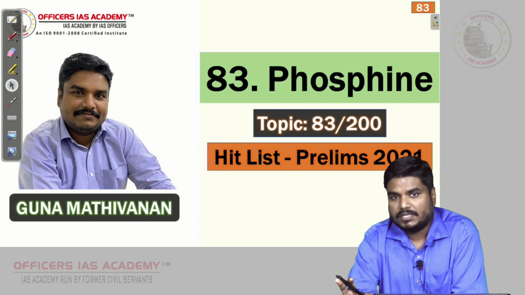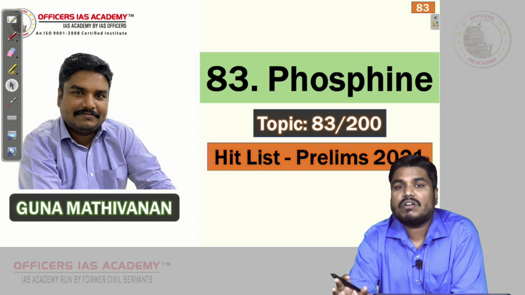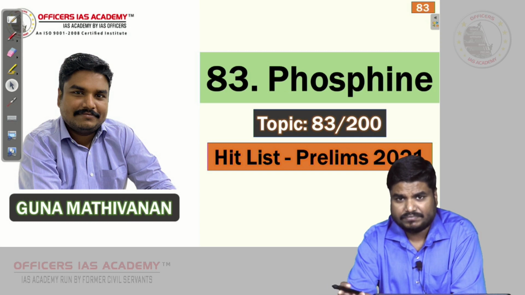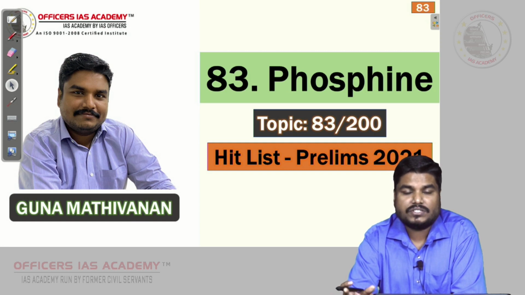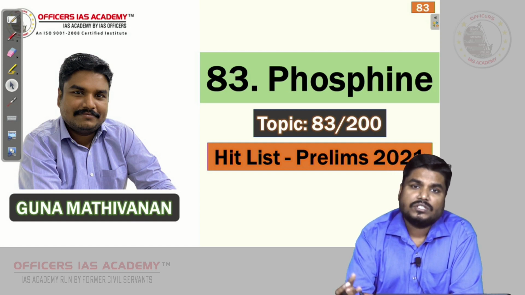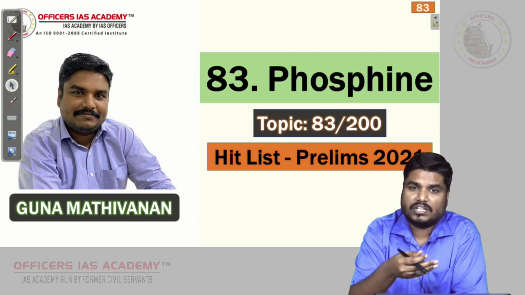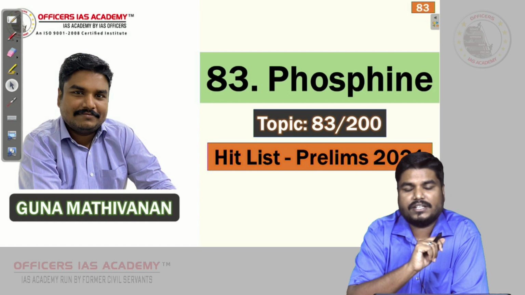But friends, you have to remember, this phosphine will be readily destroyed by oxygen molecules. When phosphine is produced, if you have oxygen in that place, then oxygen molecules will readily react with phosphine and phosphine will be destroyed. So Venus has oxygen molecules, so if phosphine is produced, it would have been readily destroyed.